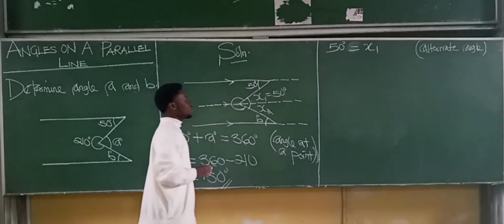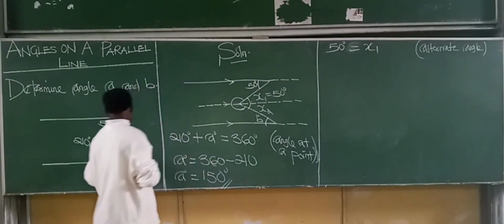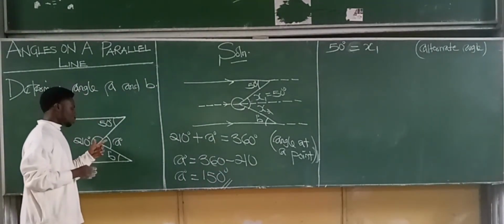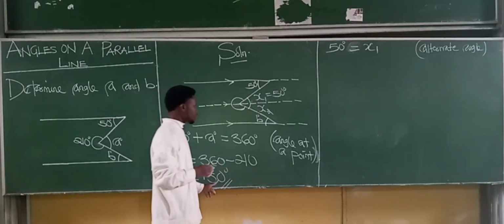Again, how can we determine x2? To determine this x2, remember x1 plus x2 gives A degrees, and A degrees is 150 degrees.